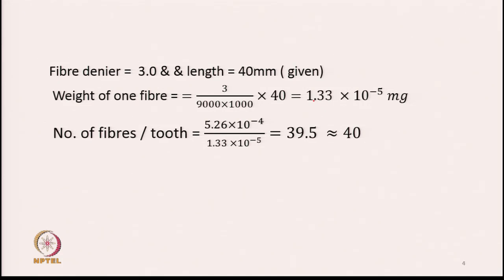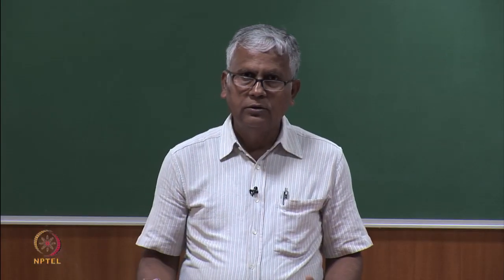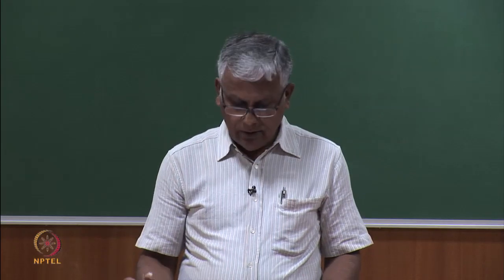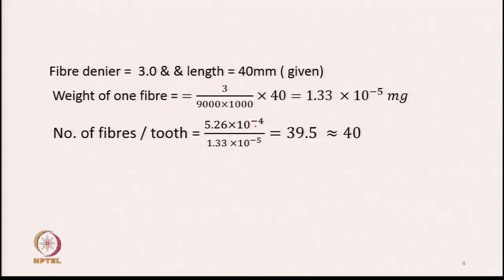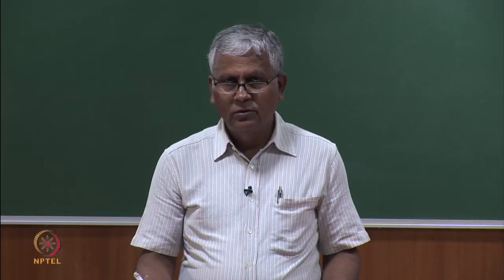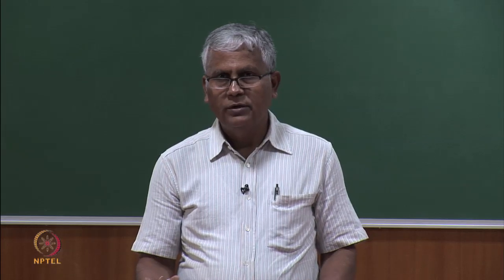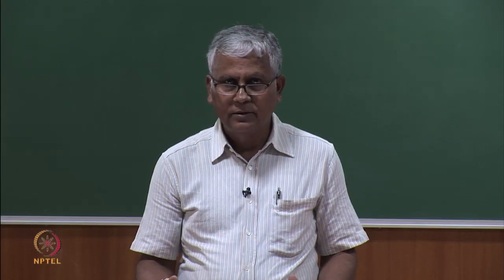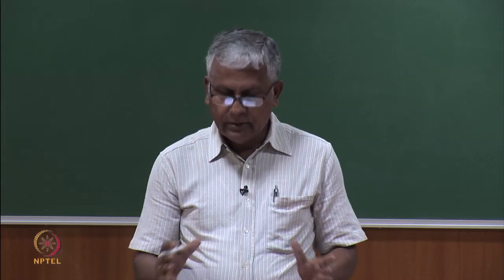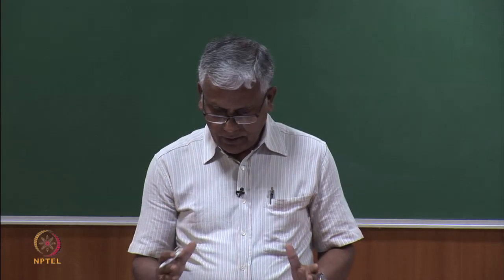We take the ratio of the weight of fiber per tooth and the weight of a single fiber. If we take the ratio, we get a value of 39.5, which is roughly close to 40, and hence we can say that on the Leykanen tooth, on average, there will be 40 fibers in this given situation.